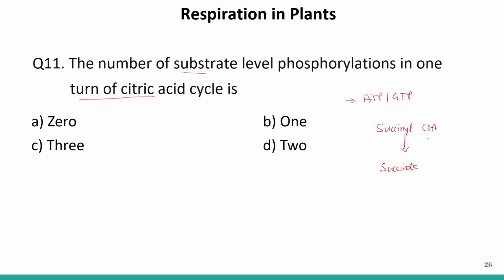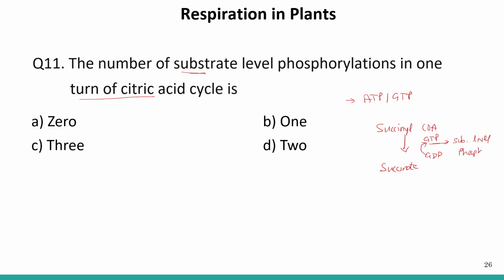Here GTP is formed from GDP. So this is the substrate level phosphorylation taking place at this step.